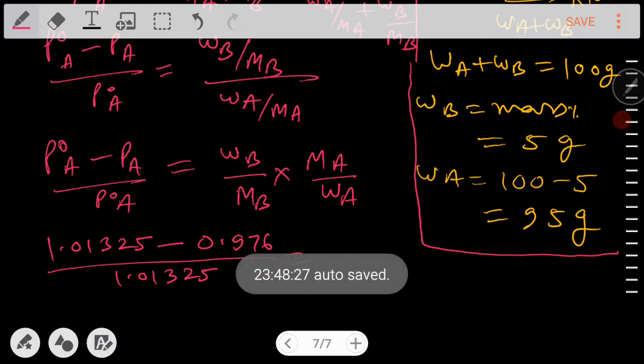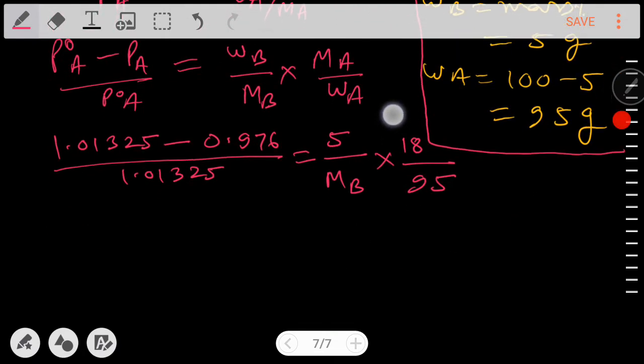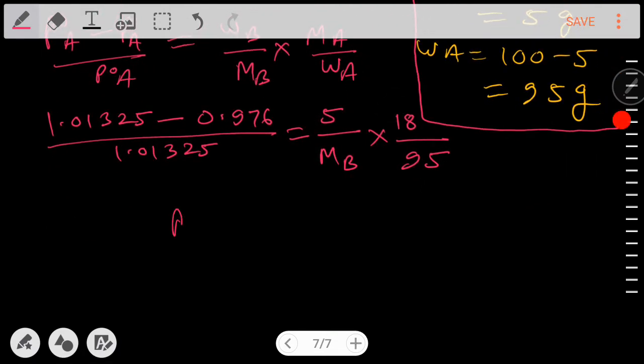WB we have extracted from the value of mass percentage given, that is 5 gram. Molar mass MB we have to determine. MA is 18 for the water and WA is 95. So we have put all these values and now calculate the value of MB.